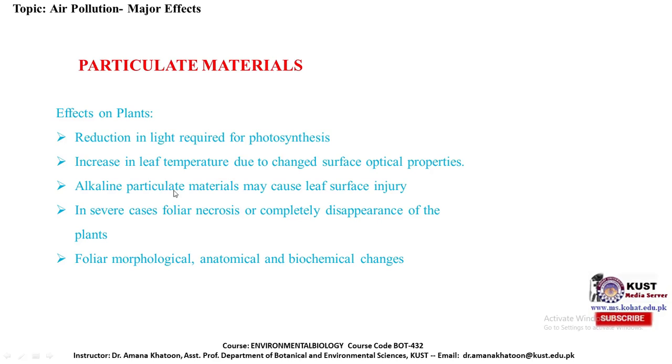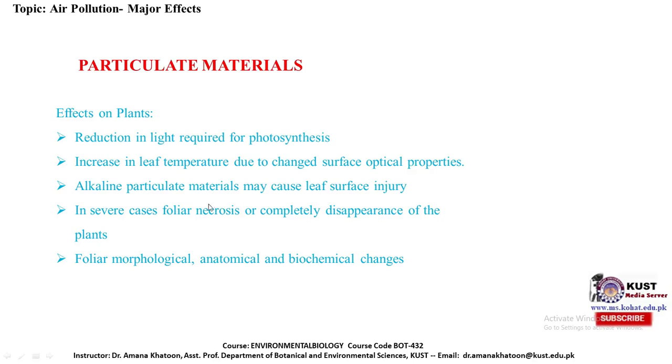Some alkaline particulate materials may cause leaf injury. Some particulate materials are alkaline in nature and they may cause leaf surface injury. In severe cases, foliar necrosis or complete disappearance of the plants.